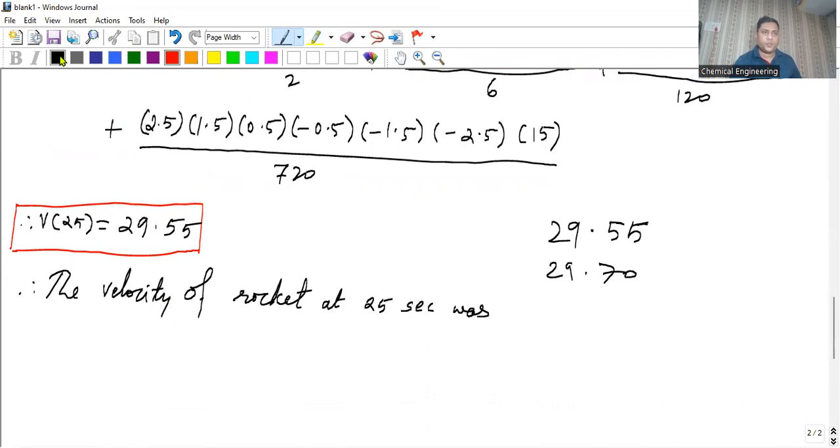Okay. So here we got the velocity of the rocket at 25 seconds was 29.55 kilometers per second. So that was the velocity.